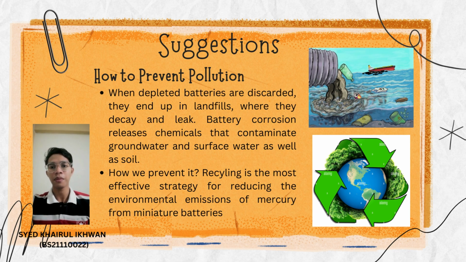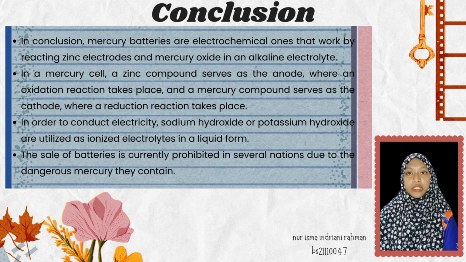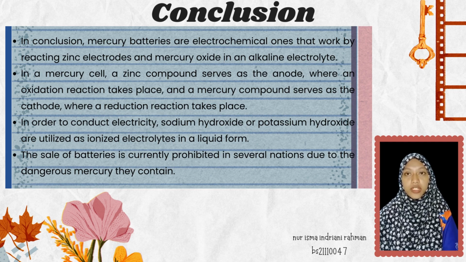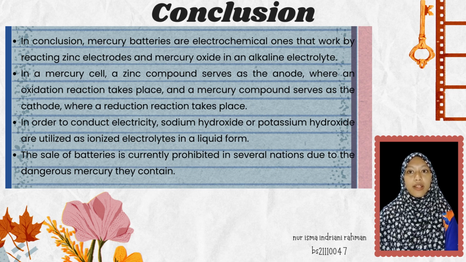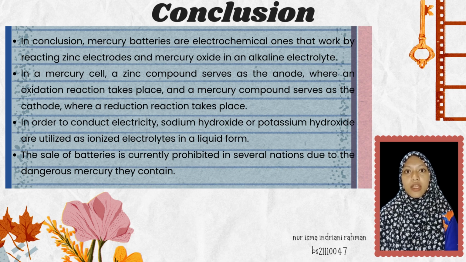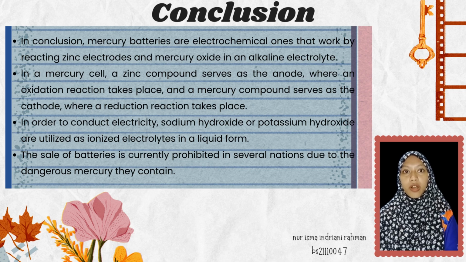Thank you. Now I will proceed with the conclusion. So in conclusion, mercury batteries are electrochemical cells that work by reacting zinc electrodes and mercury oxide in an alkaline electrolyte. In a mercury cell, a zinc compound serves as the anode where an oxidation reaction takes place, while a mercury compound serves as the cathode where a reduction reaction takes place.